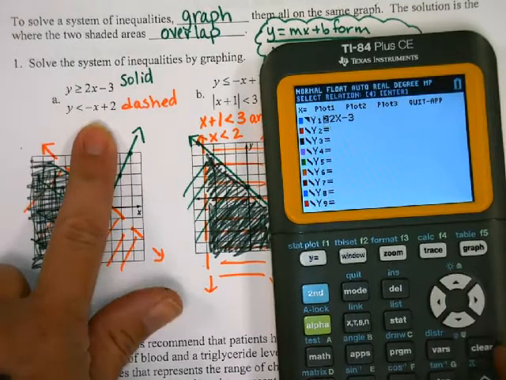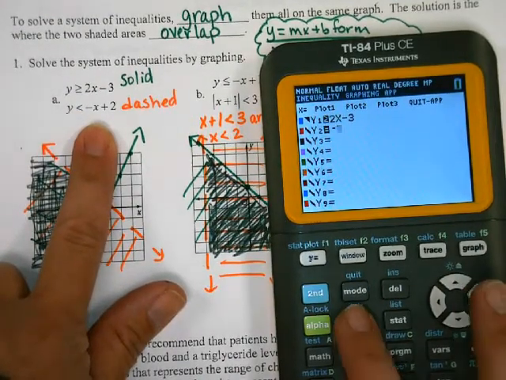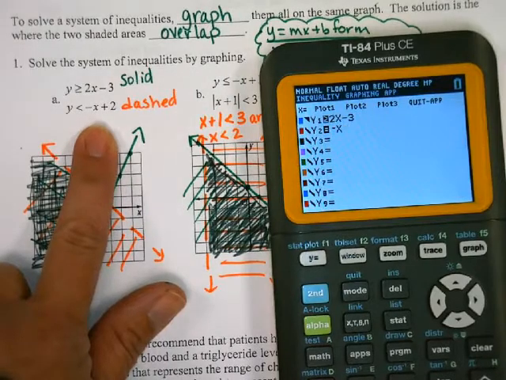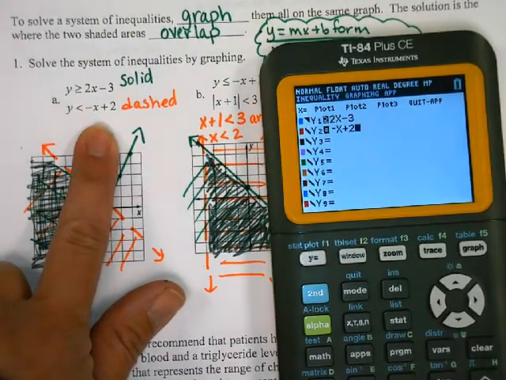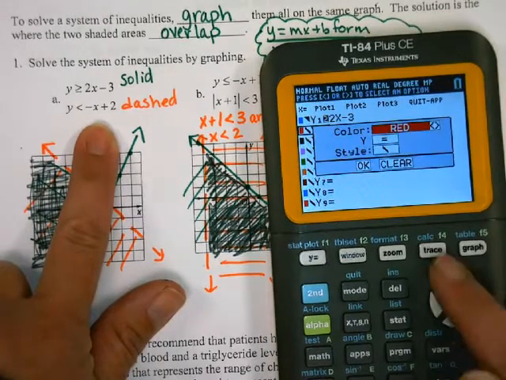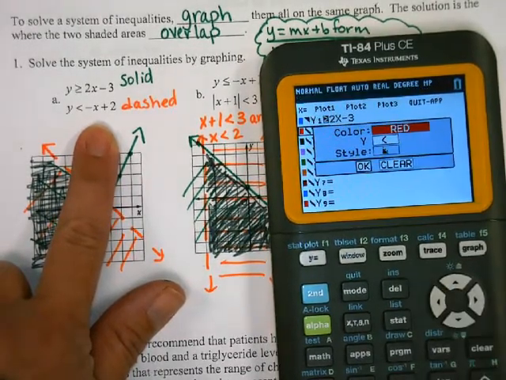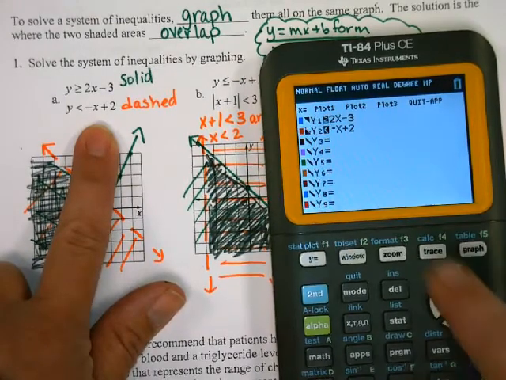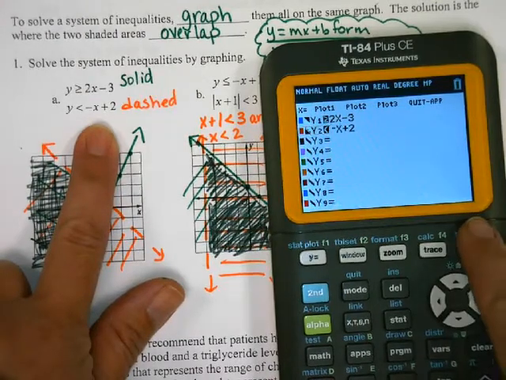And then into my second equation, I'm going to put negative. Make sure you use the negative down next to the decimal point and not a subtraction sign. Negative x plus 2. And I want to change that guy to a less than. So I have a greater than or equal to, and I have a less than, so I'm going to push graph.